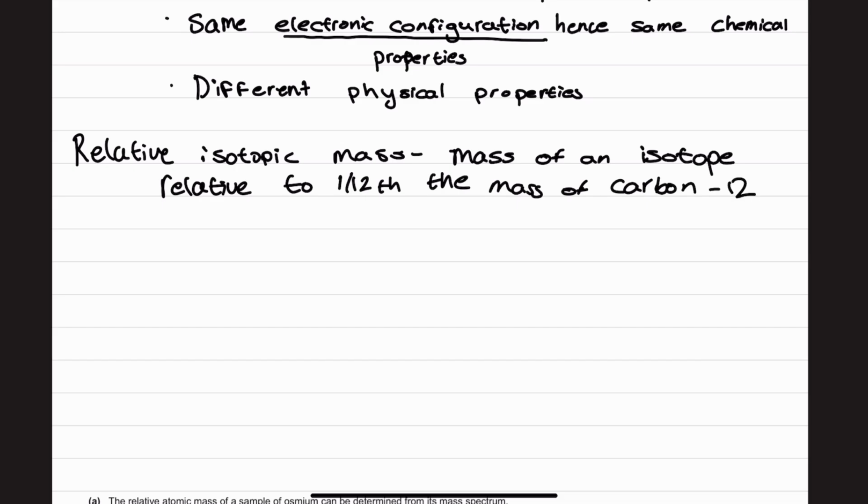Now, the definition of relative isotopic mass is the mass of an isotope relative to a 12th the mass of carbon-12. Now, you don't exactly have to understand what that means, but just the definition itself. A lot of the time in exams, they will purely ask you, state the definition of relative isotopic mass, and you put this down, and it's an easy 1, if not 2 marker, right?